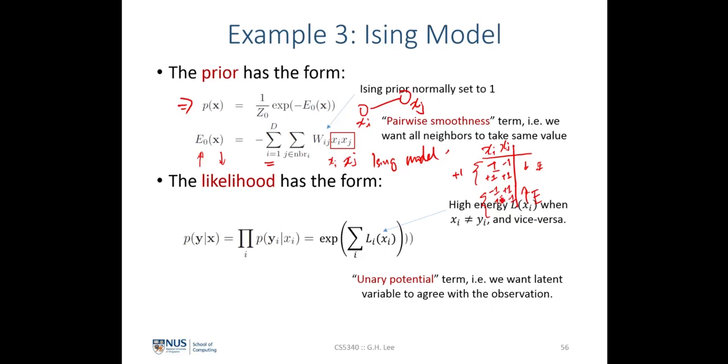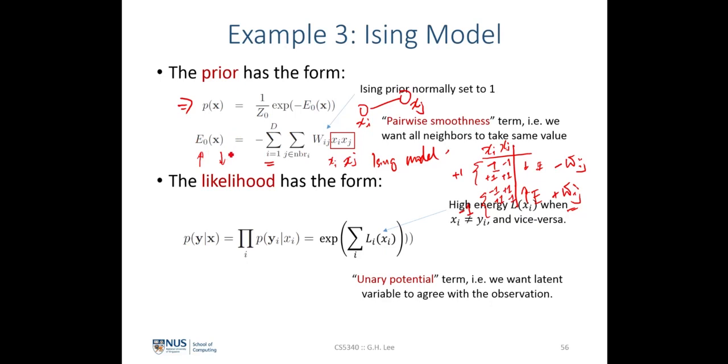If they are taking different signs, the product of these 2 terms will end up to be -1, and as a result, this will become +w_ij. So in the case where they are both taking the same label, I will have a negative, or lower, energy level. And in the case where they are taking different states, I will end up with an energy function that is positive w, which means it's a high energy value.